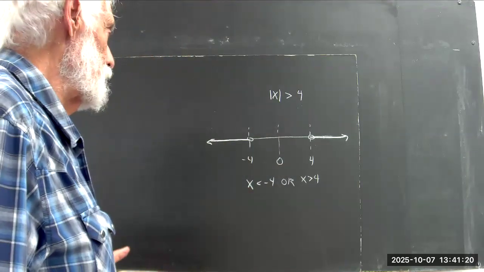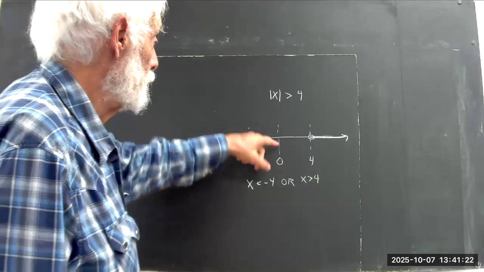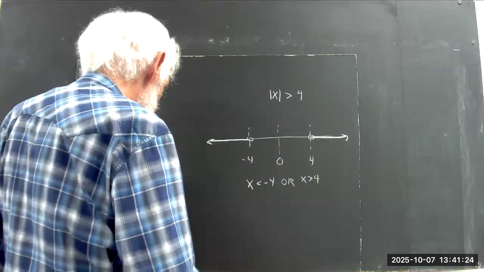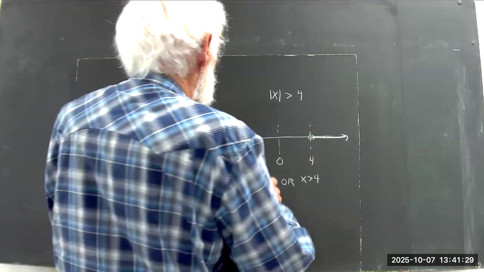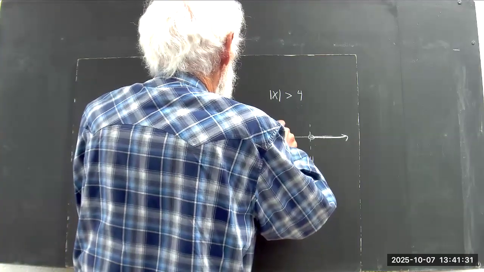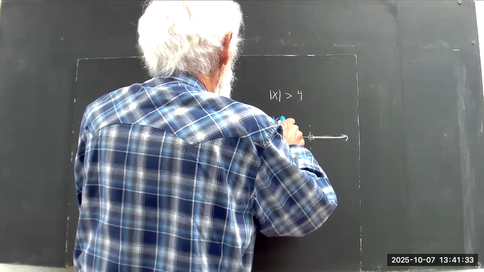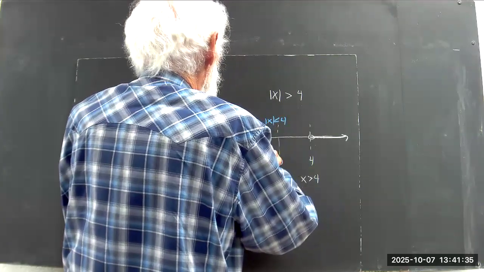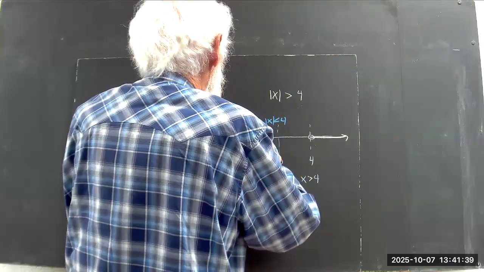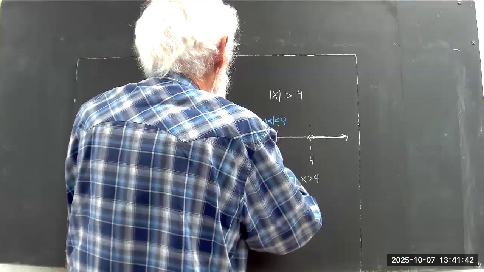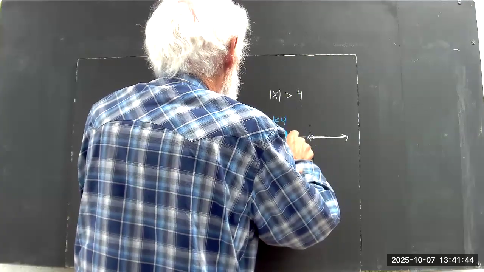The other way of saying this is, right there is your graph for absolute value of x greater than 4. If I want the graph for absolute value of x less than 4, well, that would be the graph from here to here, right?